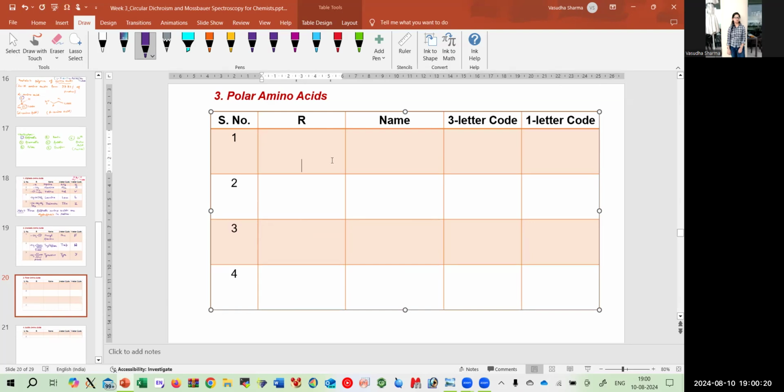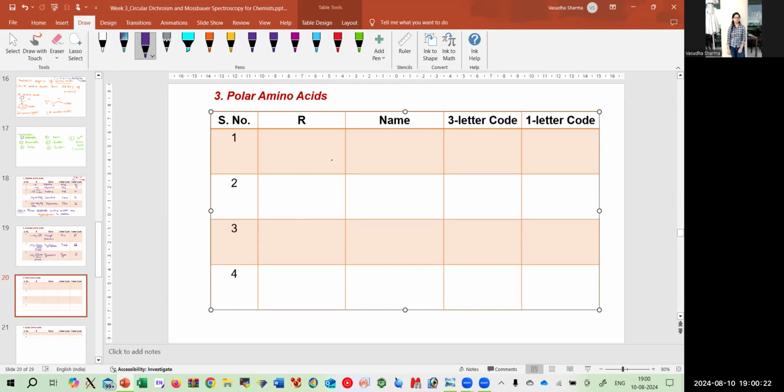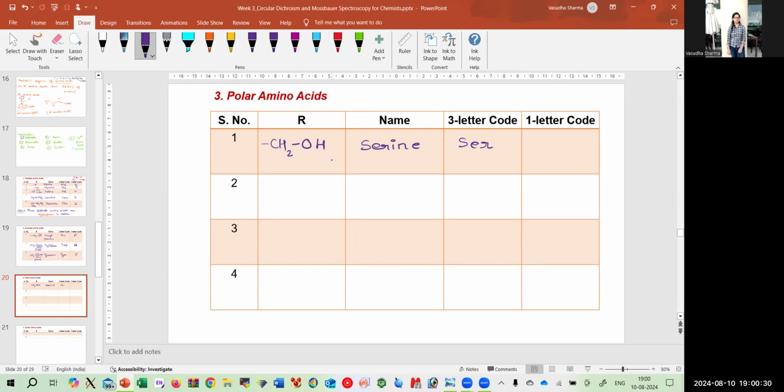If we have a simple CH2OH group, then it is called serine. The three-letter code is SER and the one letter is S. If we have CHOH and CH3, then it is threonine.